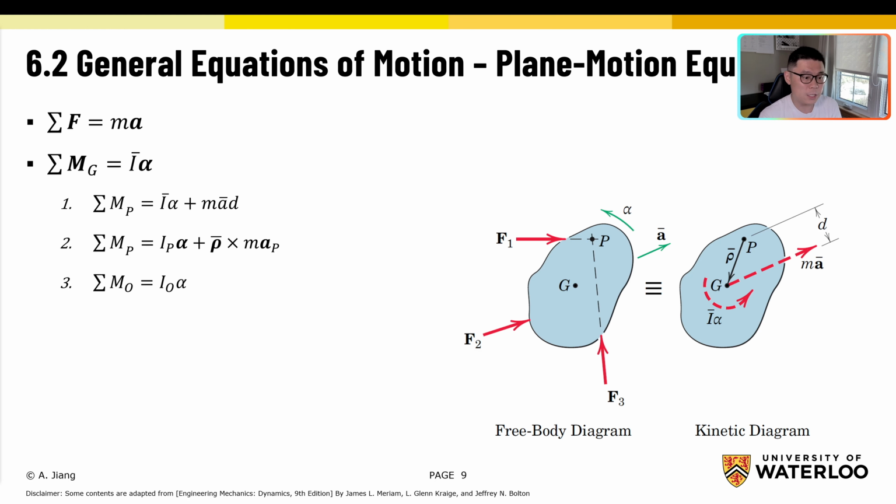In the third equation, as an example, we are interested in the mass center. So if all forces are pointing towards the mass center, then the moment equation reduces to simply only contain the self-rotation part. And there's no moment being caused by any external forces, just the rotation itself.